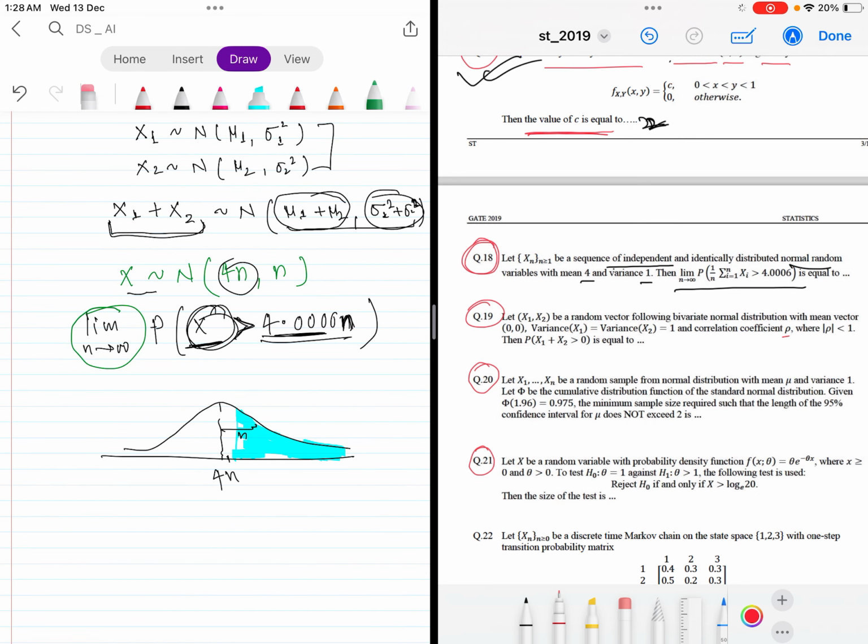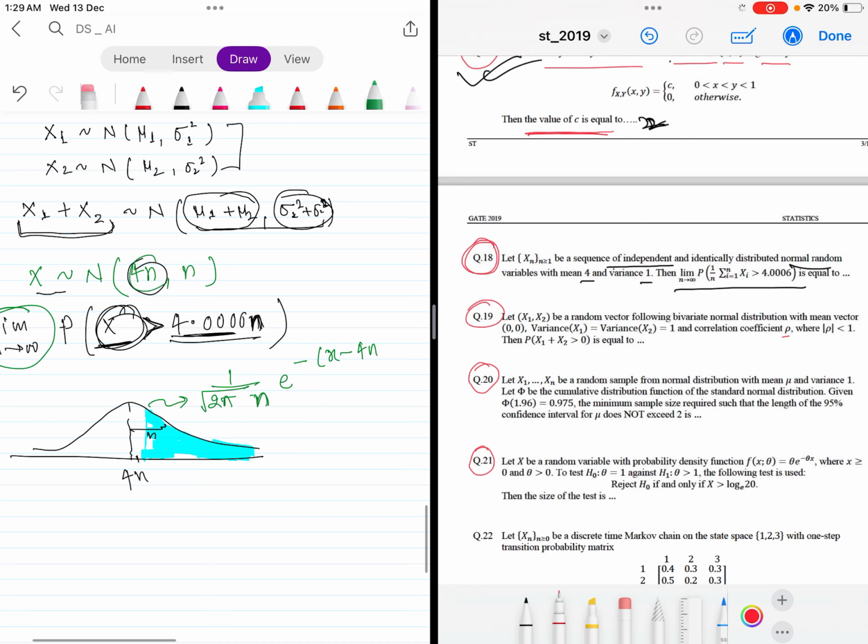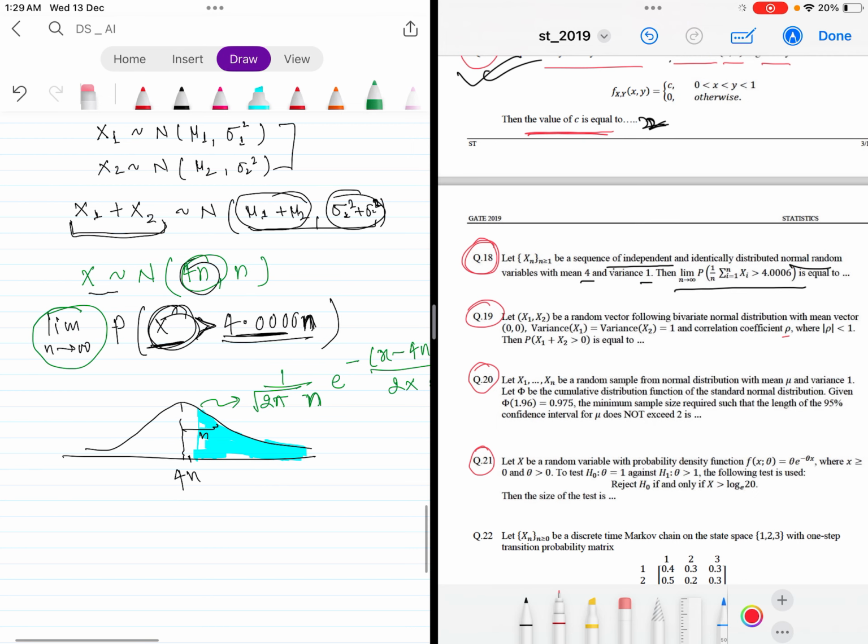If you write the density function of this, how will it look? It will be 1 divided by the square root of 2 pi sigma square, where sigma square is n, and e to the power minus of (x minus 4n) squared, because the mean is 4n, divided by 2 times sigma square, which is n.